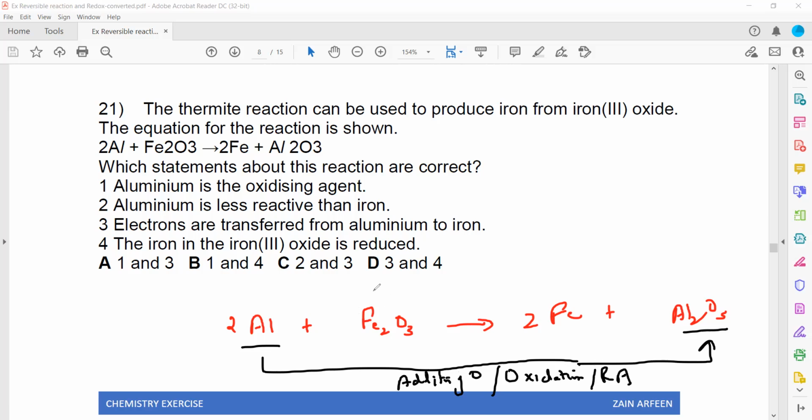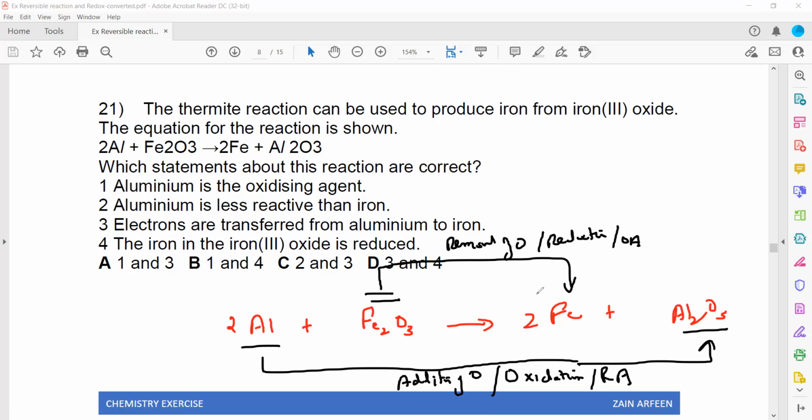So aluminum is a reducing agent. Iron 3 oxide turned into iron, because oxygen is removed, and removal of oxygen is known as reduction, so that substance is known as an oxidizing agent.